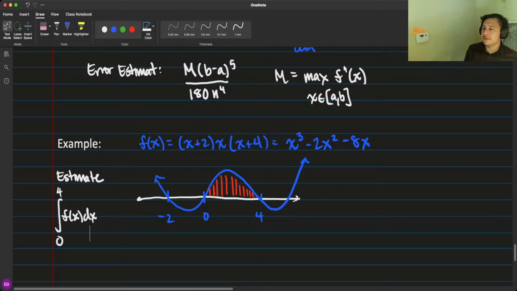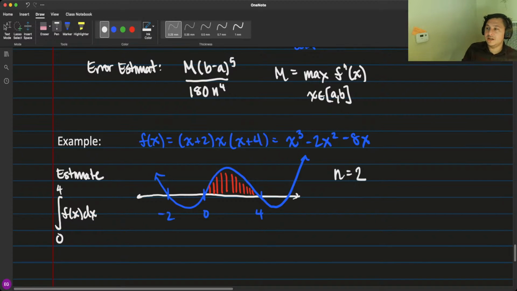And let's do this with n equals 4. Actually, no, let's do it with fewer. Let's do it with n equals 2. Okay, so we'll break it up into 2 parts.